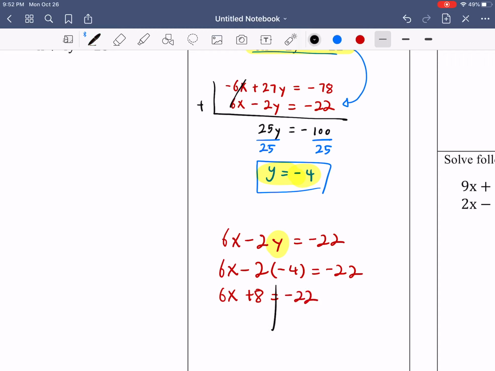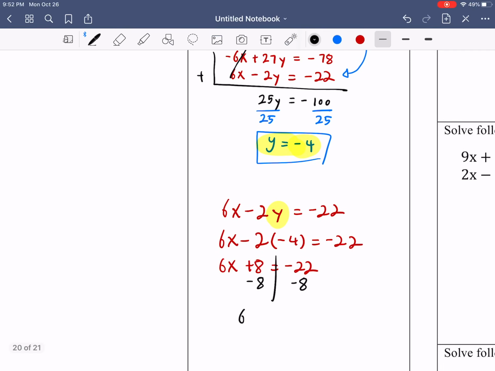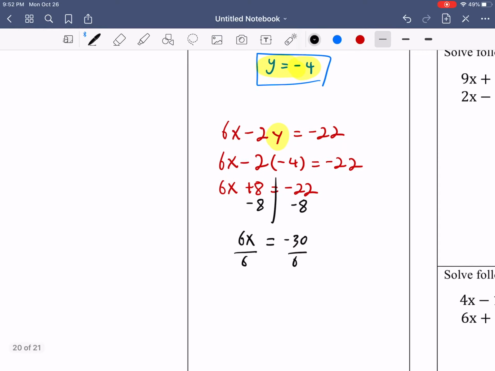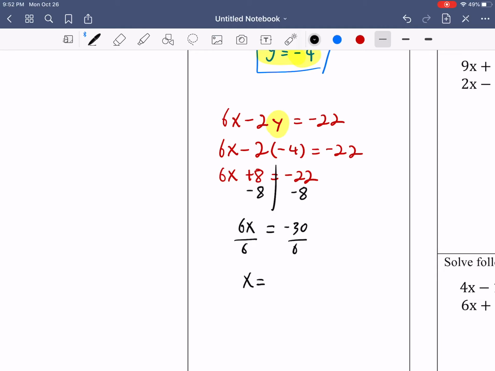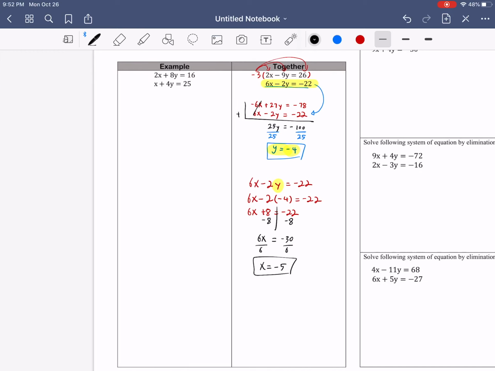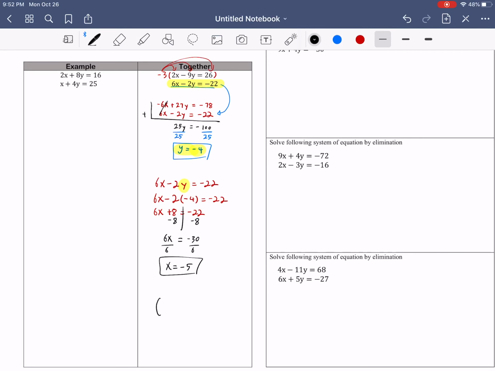And it's easy now, right? Minus 8 both sides, so you get 6x equals negative 30. Divide by 6 both sides, you will get x equals negative 5. So we have the answer negative 5 comma negative 4. Don't forget, you always put the x value first and the y value later.